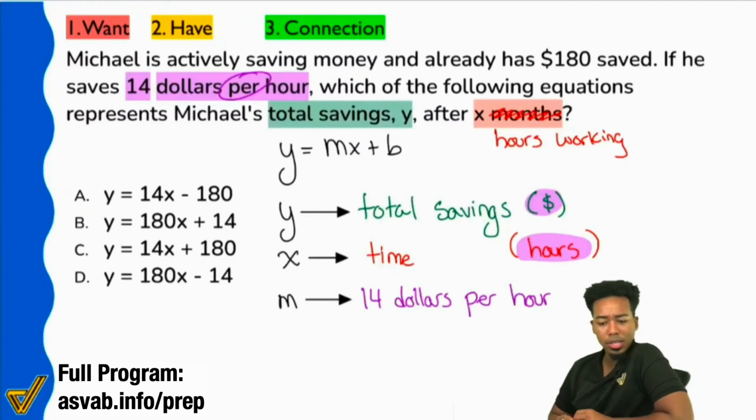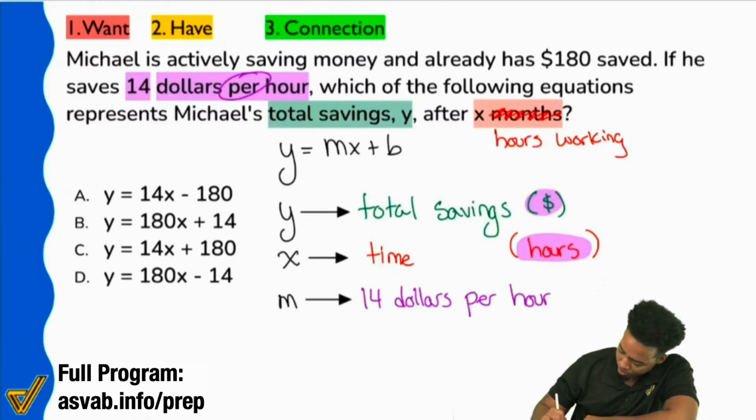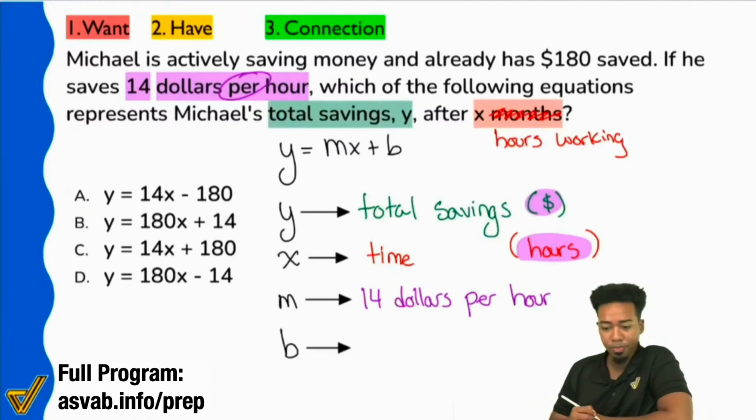And now lastly, we have ourselves that B. What is that initial amount that we're talking about here? Right, we already have initially $180 saved. There was already $180 there to begin with.